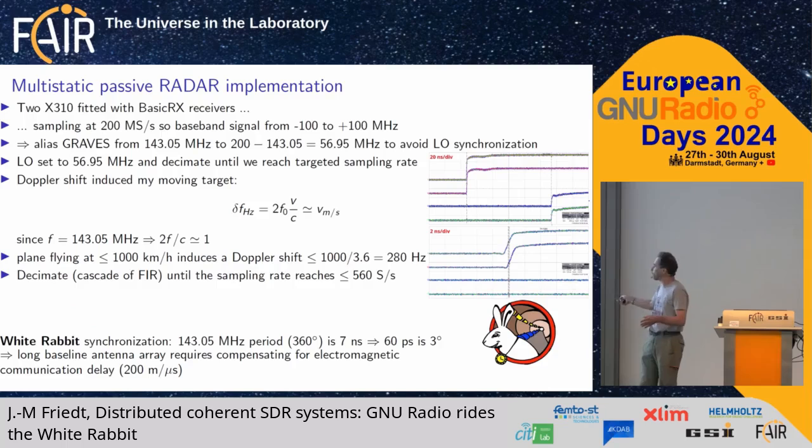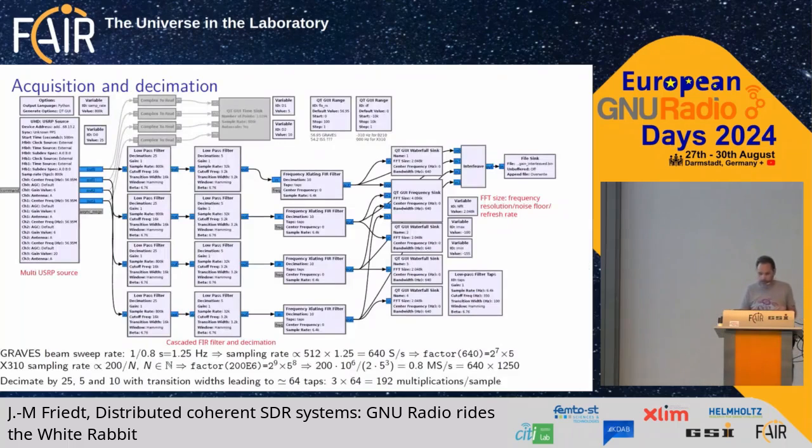The nice thing with the White Rabbit switch being gigabit Ethernet is that I have a few kilosamples per second, and I just run my stream of data over the White Rabbit network. If you do a quick calculation, 60 picosecond standard deviation of phase synchronization at 143 megahertz gives you something like 3 degrees of phase stability between the various receivers.